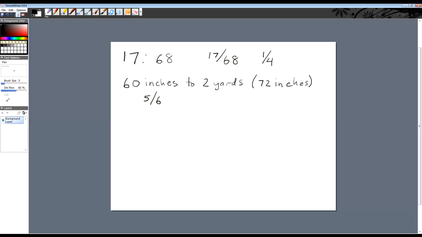Similarly, look at number 7. You have 5 days to 40 hours.